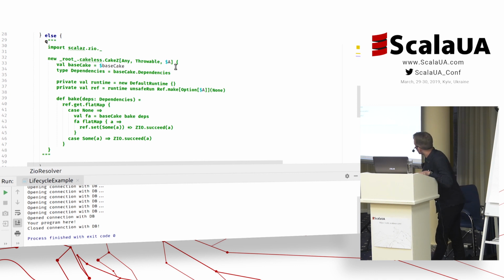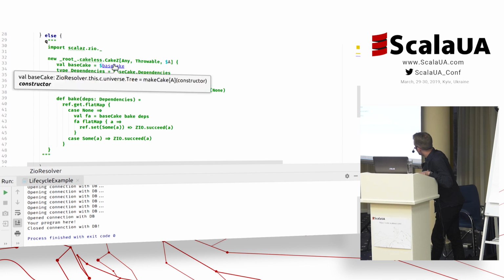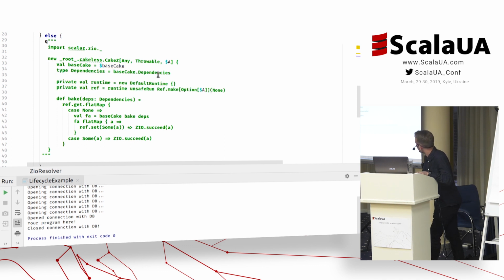As you can see, A is a type. Base cake is some piece of Scala abstract tree. I can pass arbitrary code, do imports, and so on. And the Scala compiler will check it. And if it is correct, it will compile and work successfully.